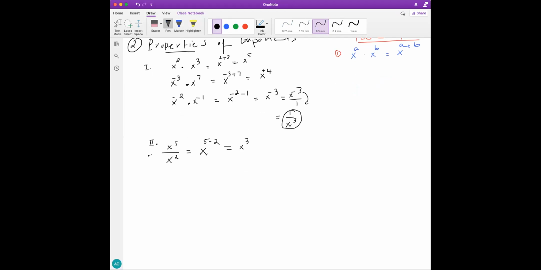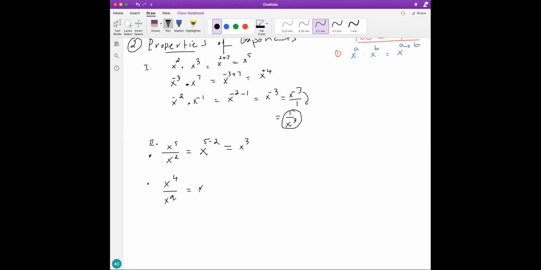So also, these powers are not always this way. One could be positive, the other one could be negative, or both. But the rule should be the same. And it's not always that this one is higher than this. It could be the other way. For example, x to the 4 over x to the 9. So again, the rule is to subtract, top minus bottom.